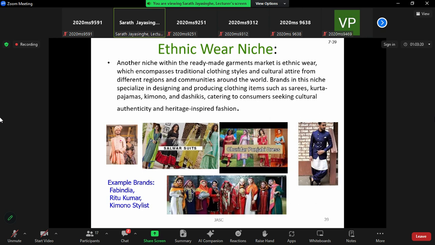Brands in this niche specialize in designing and producing clothing items such as saris, kurta, pajamas, and kimono. There are different types, I don't know their names. The ladies might know. There are different types of wording, right? And this is about garments.